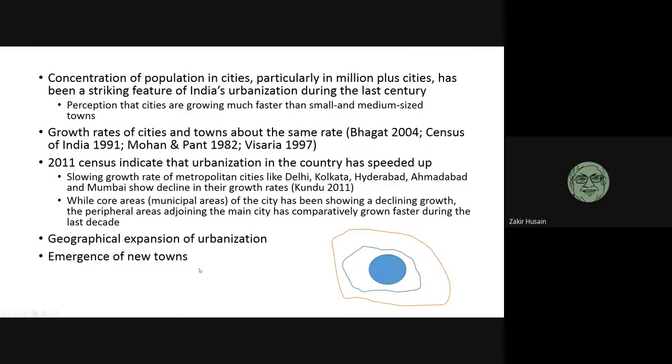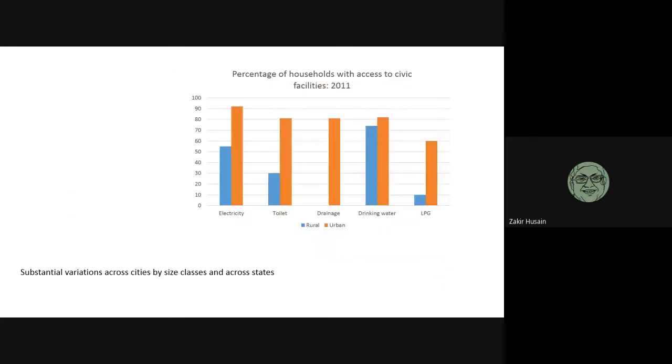Simultaneously, you are having new towns which are coming up. So rural areas are growing and are being converted to new towns. Now, as I've told you, civic facilities will become an important issue, particularly in the new towns.